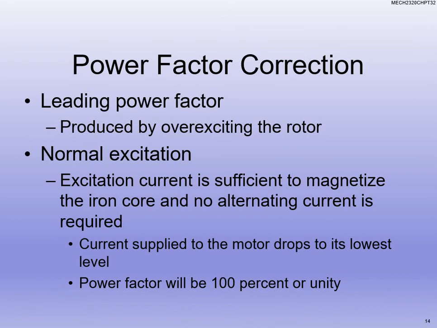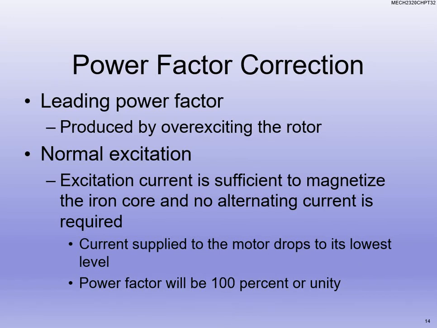And also, all right, we can use power factor correction, right? Ratio of real power to apparent power. We want everything ideally operating at 100% unity, okay? That way we are truly in fact in sync. All right, but the leading power factor, we can create that by over-exciting the rotor.